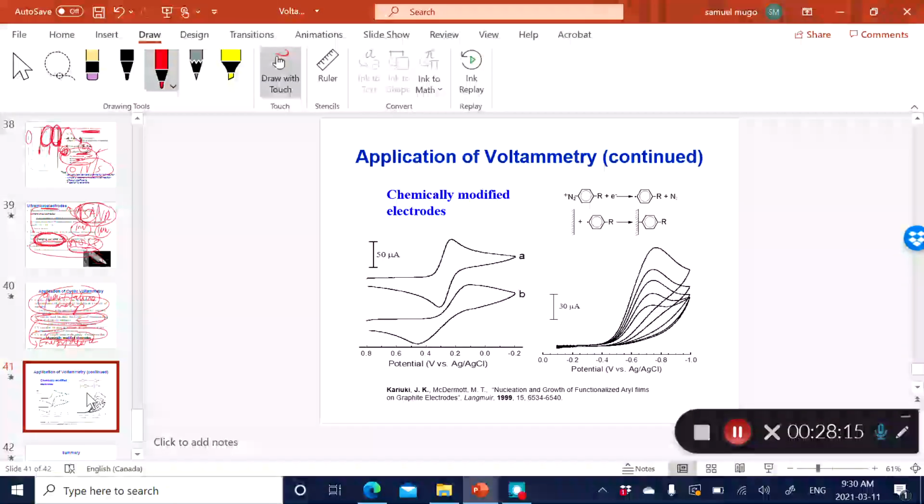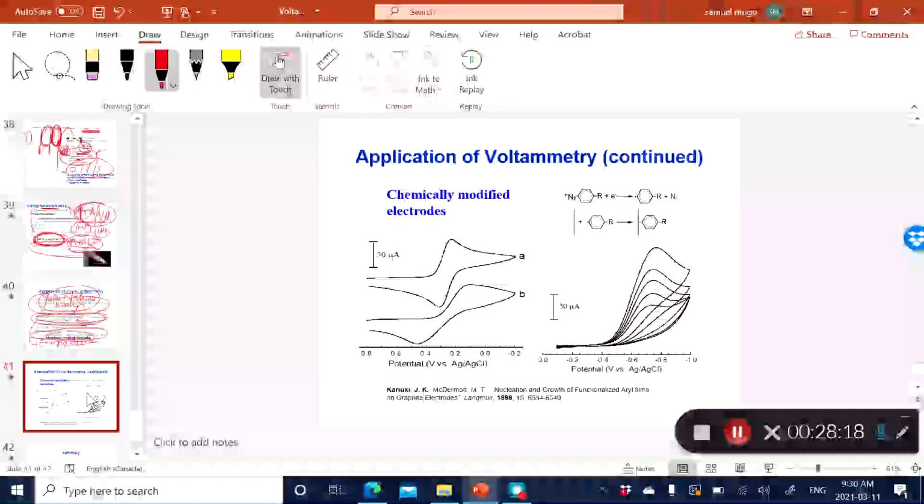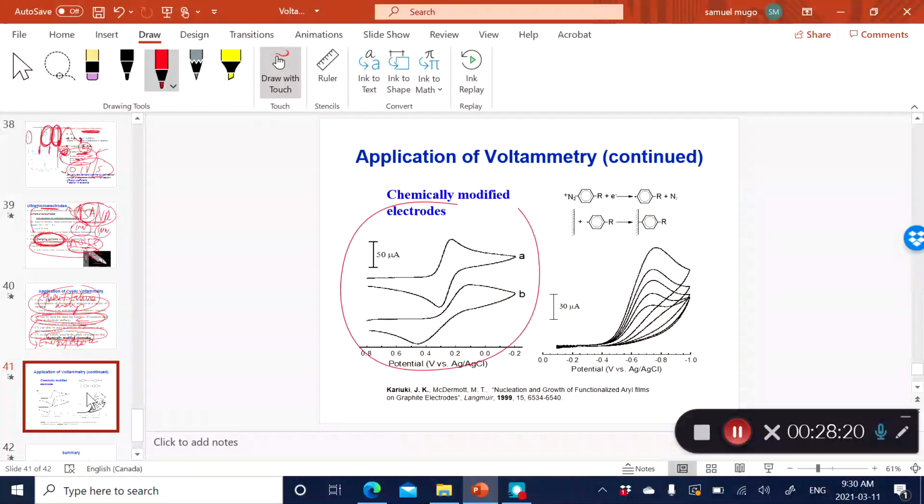And I think as I tried to show you, as I was doing my explanations and so on, you can see types of CVs that is a redox process, meaning there's oxidation, and it's a reversible process. I'm able to do oxidation, I'm able to do reduction. But you can see in some cases, like in this case, I'm not able to regenerate what I've oxidized.